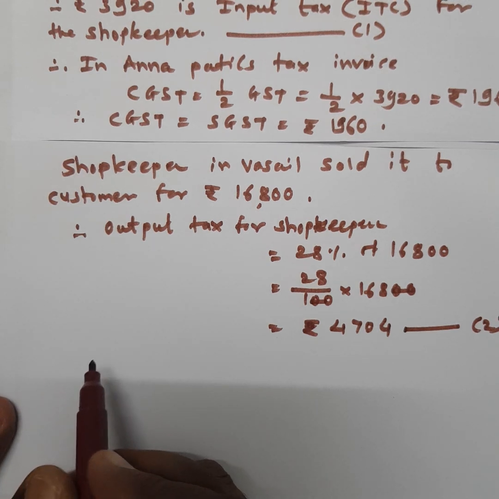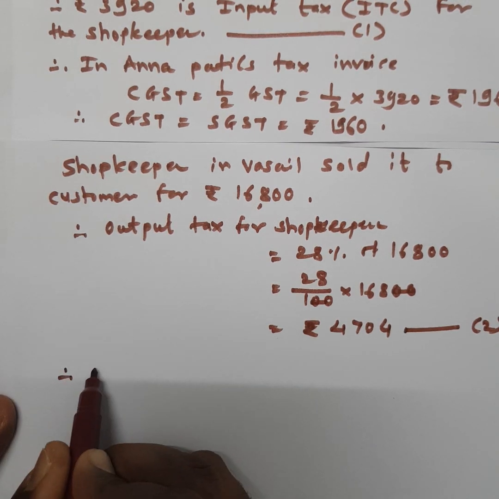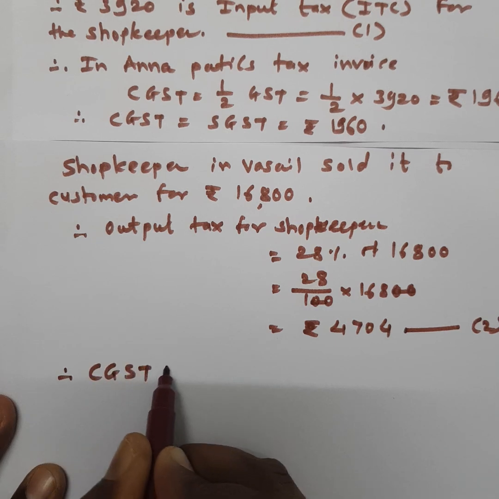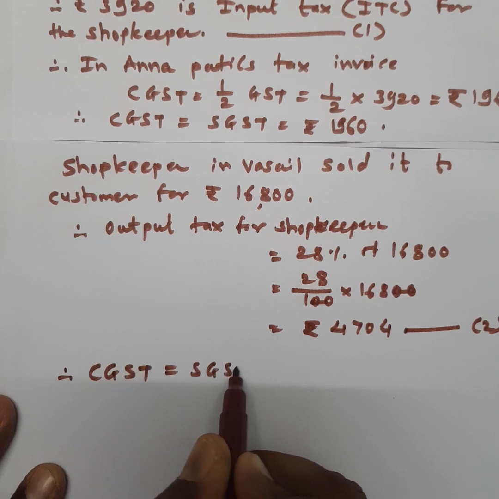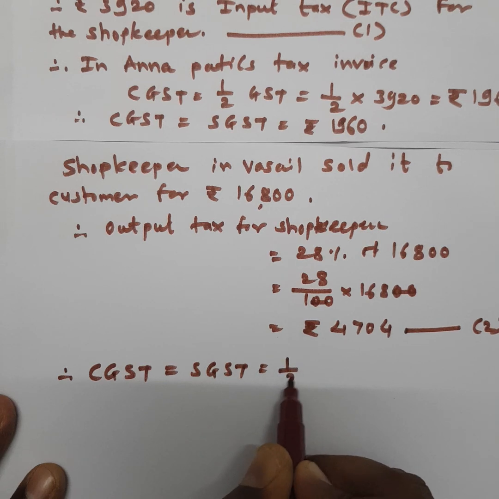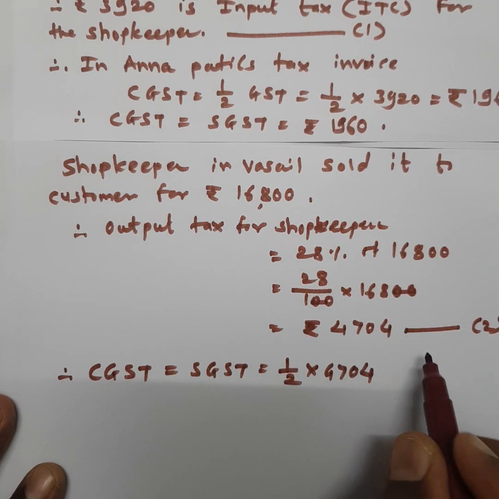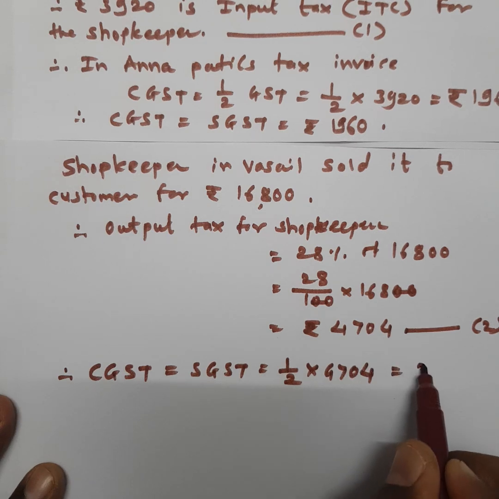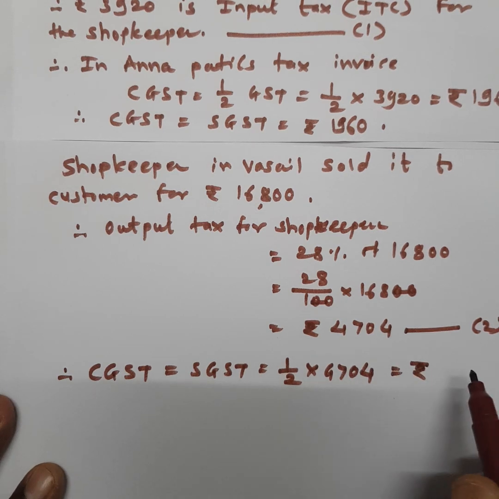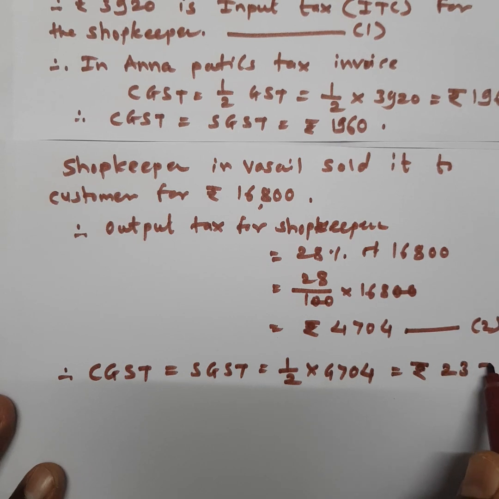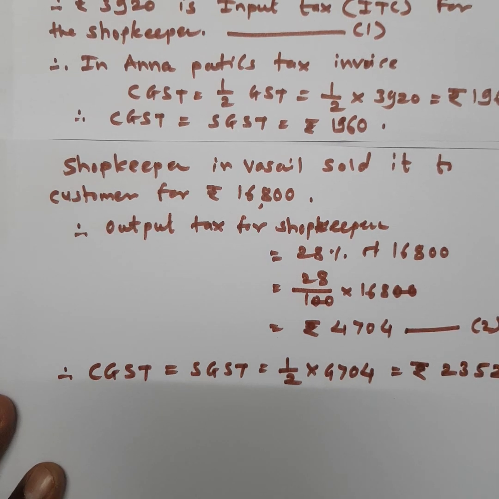Therefore, CGST or SGST is equal to 1/2 into GST, that is 4,704, is equal to rupees 2,352.